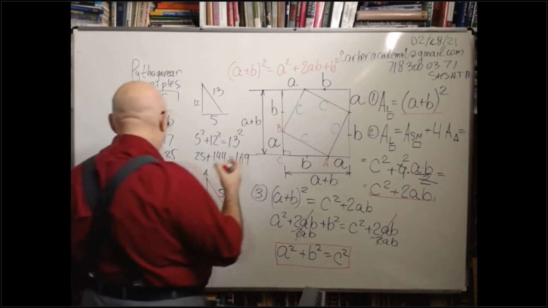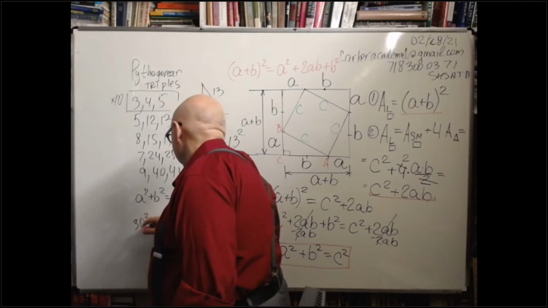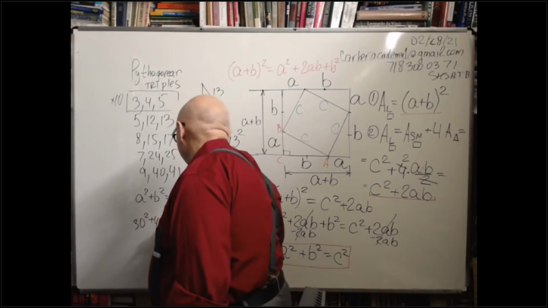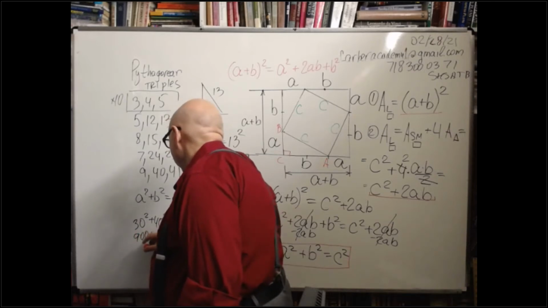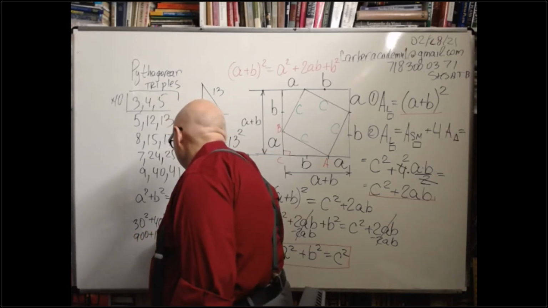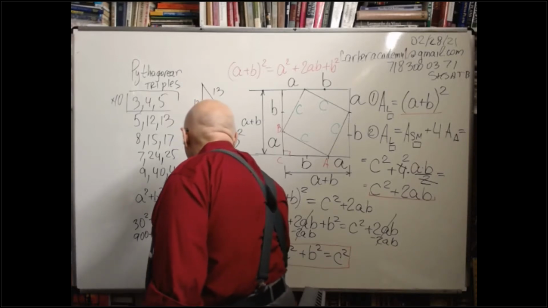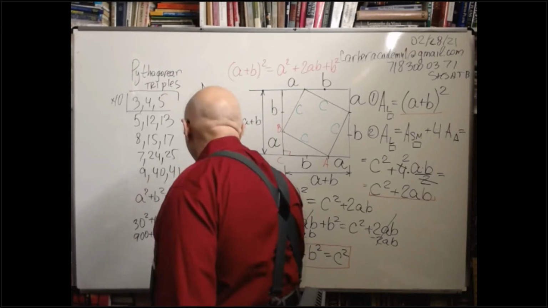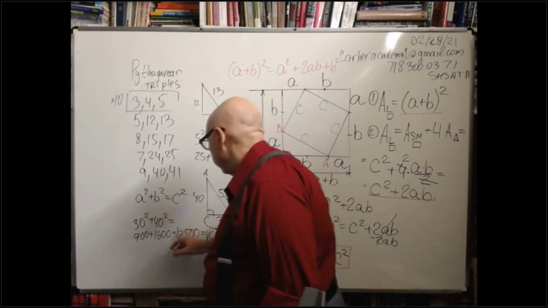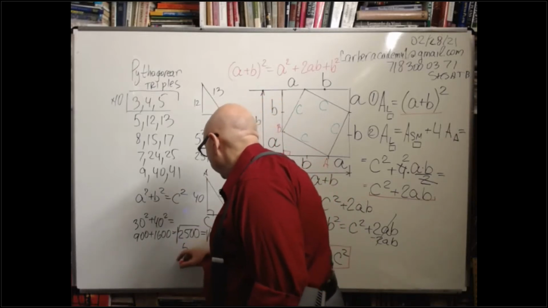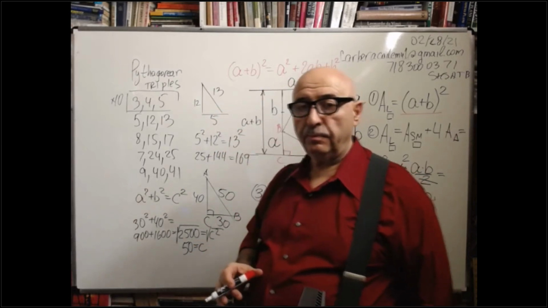What I'm doing here: 30 to the second plus 40 to the second equals 900 plus 1600, which is 2500, and this equals c to the second. How to find c? We start with irrational equations, take the square root of both parts, and you get 50 equals c. And I got 50.